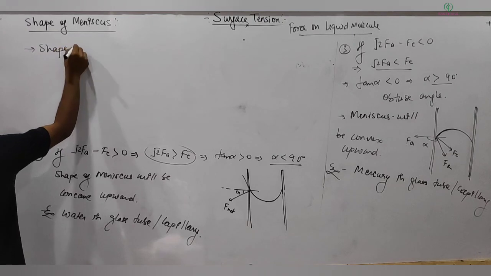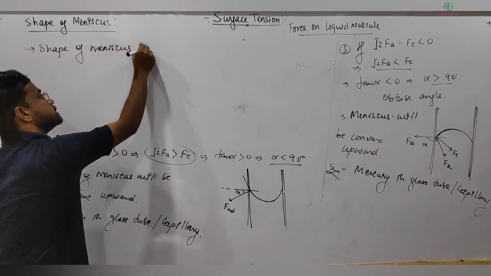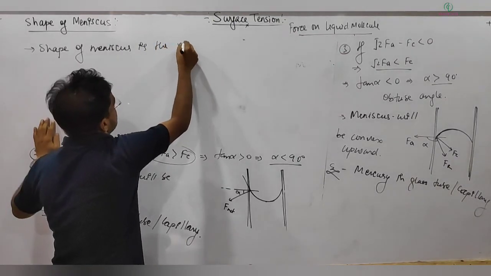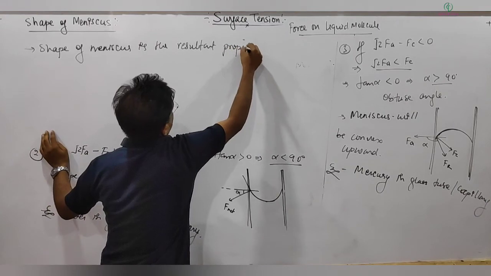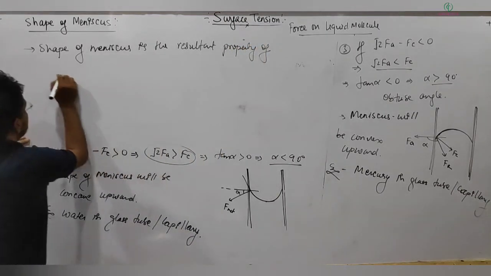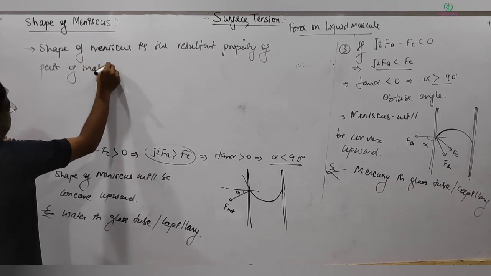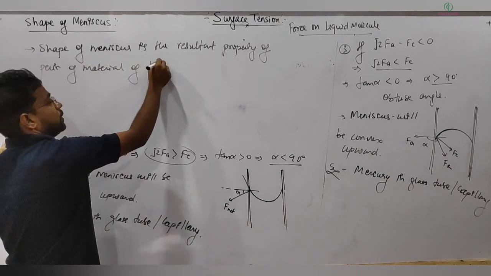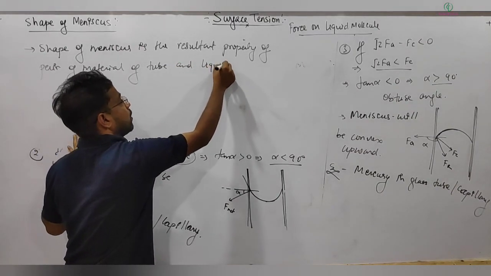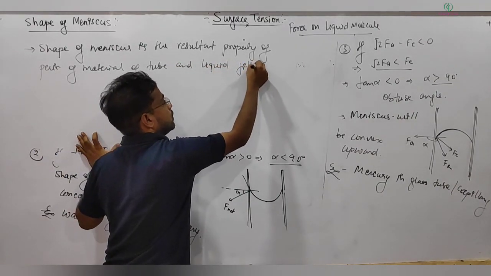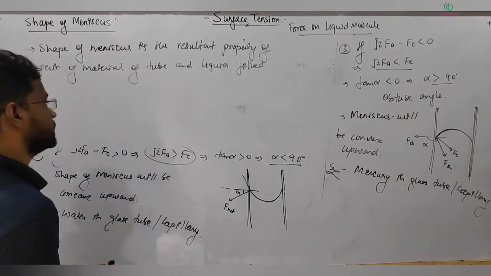Shape of meniscus is the resultant property of the pair of material, tube and liquid filled. When the pair is changing, then only it will be changing, is it?